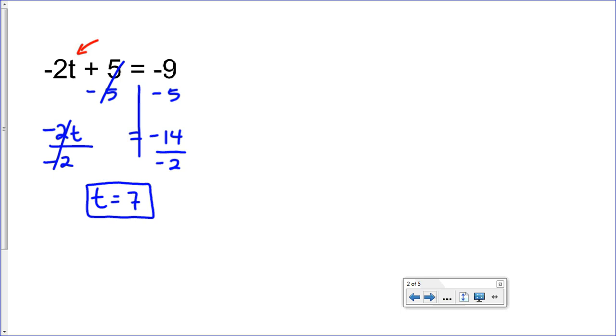To know if we get a solving problem right, we can always take our variable and plug it back into our equation. So I can take 7 and plug it into t to check. So negative 2 times 7 plus 5.